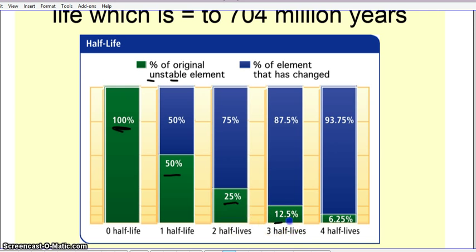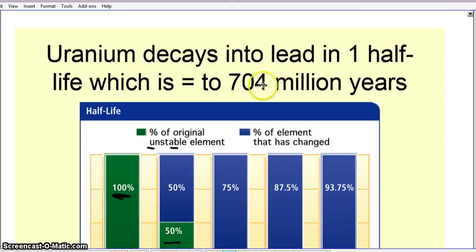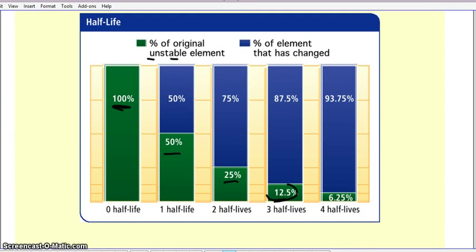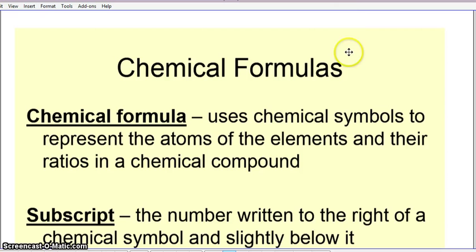Half of 25 is 12.5. Half of that is 6.25. For it to go through every half-life takes 704 million years. We do know here in Missouri, at one point it was uranium, and it has decayed into lead, which is why we live in the lead belt, where we mine galena for lead. So we know it's at least 704 million years here.